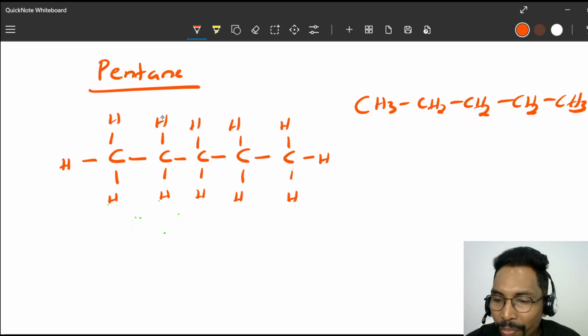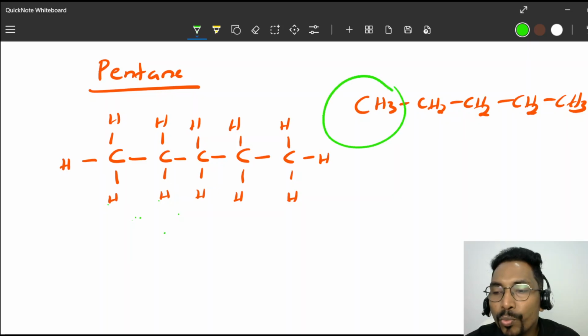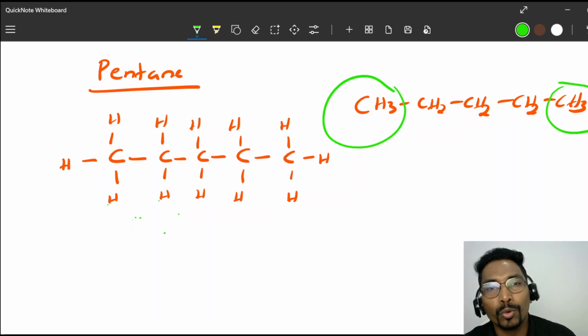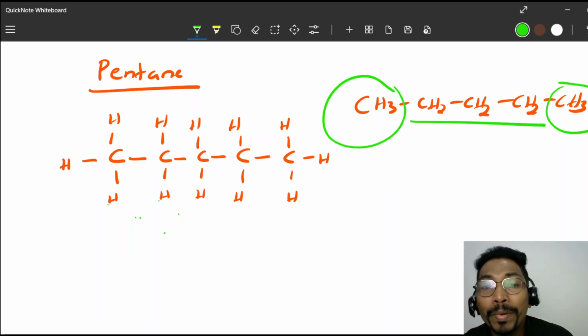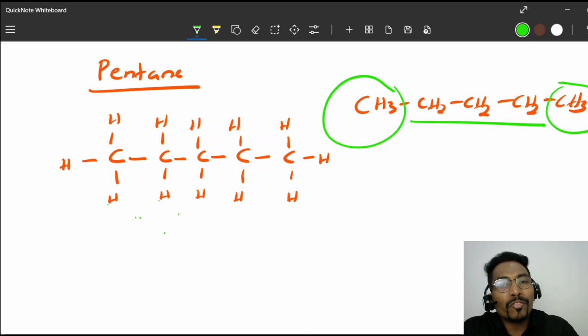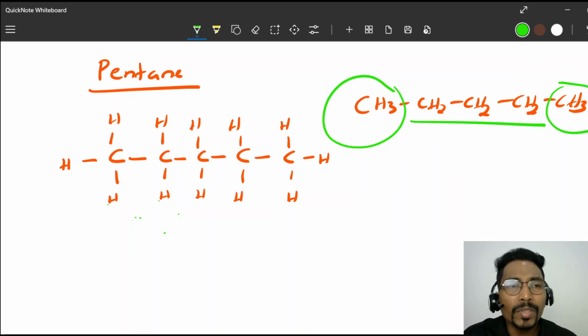If you check the formula again, you can see it is starting with a CH3 group and ending also with a CH3 group, and the middle chain will be formed of CH2. So remember, if it is a hydrocarbon, especially an alkane, it will always start with a CH3 group and end with a CH3.